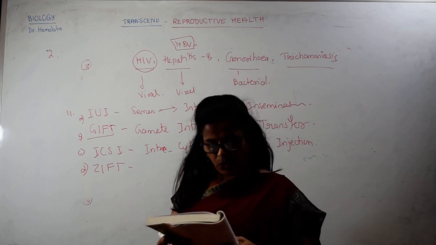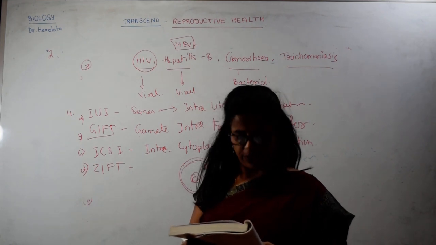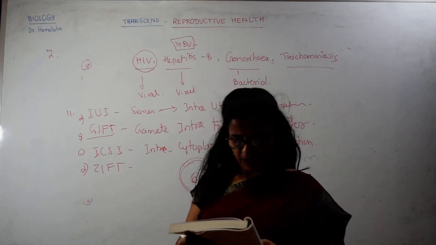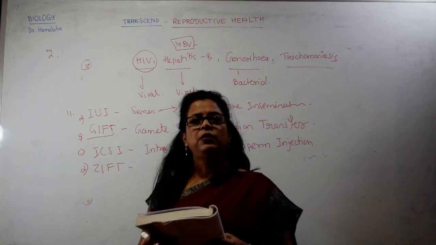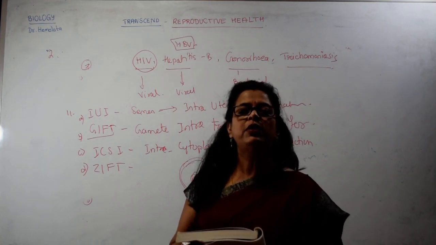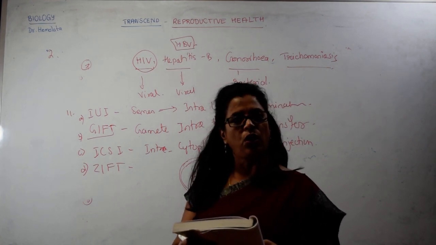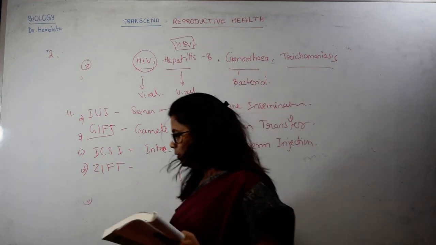Second option says oral pills inhibit ovulation and implantation. 100% right, because oral pills contain certain hormones, progestin, the hormone that will suppress the FSH and LH hormones. Therefore, ovulation will not take place. Remember this always, right?